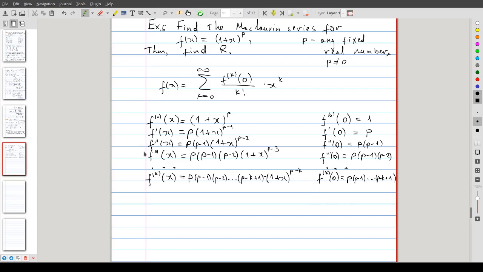So we obtain that the Maclaurin series for f of x equal to 1 plus x to the p looks like so.